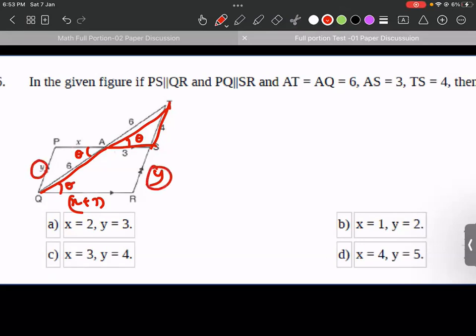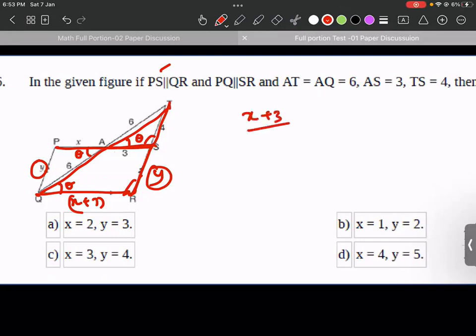See, this is also why, because they told they both are parallel. It's a parallelogram. Similarly, this length is X plus 3. This will also be X plus 3. Correct? Yes, sir. So this angle and this angle will be the same, so they are similar according to the AA criteria.